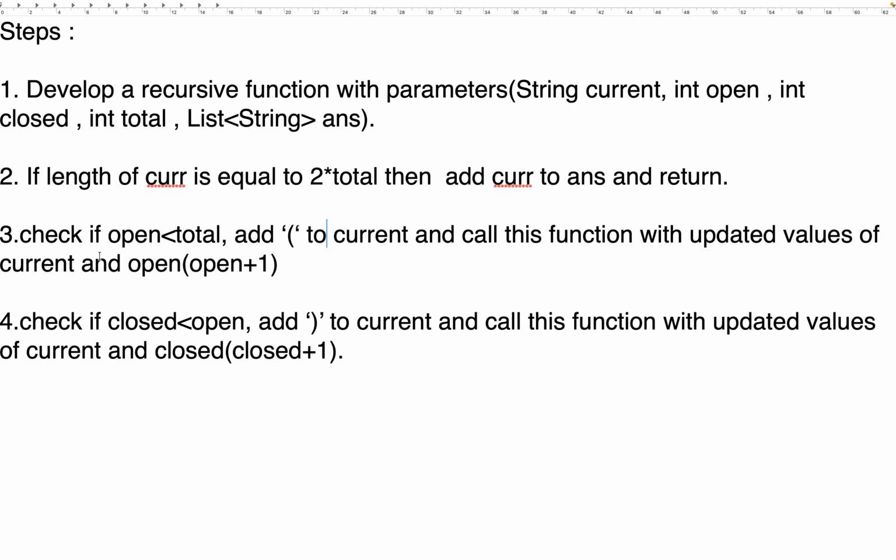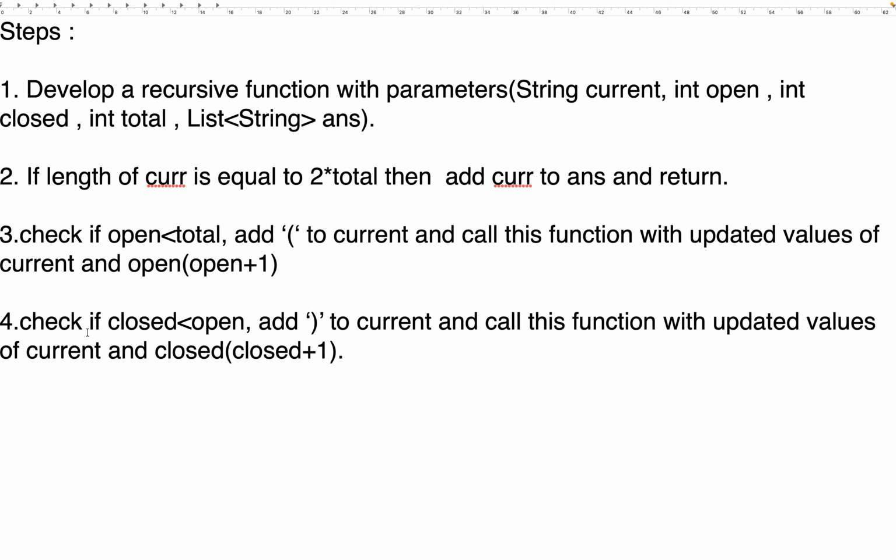Then the third condition: we check if the number of open parentheses you have passed is less than total, the number of pairs. Then we add the open parenthesis to the current string and call this recursive function again with the updated values of current, meaning current plus the open bracket, and open plus 1.